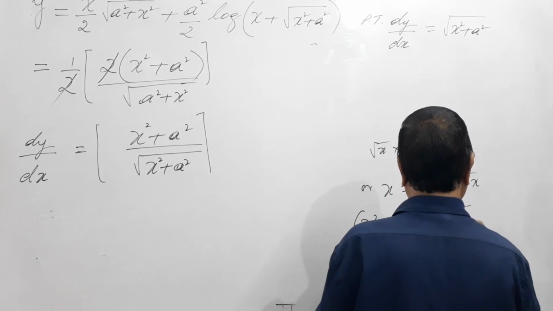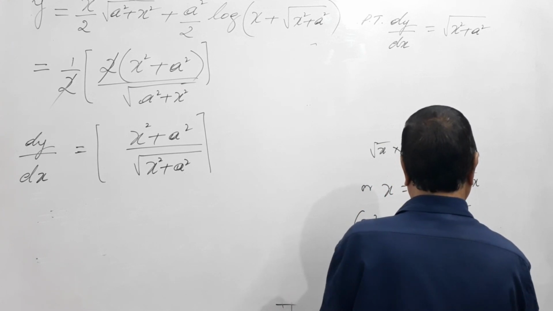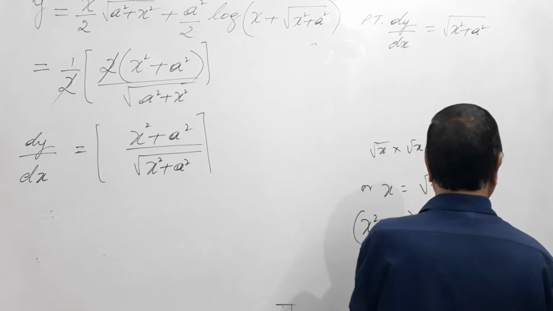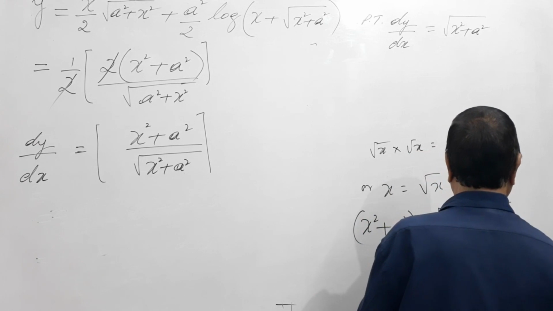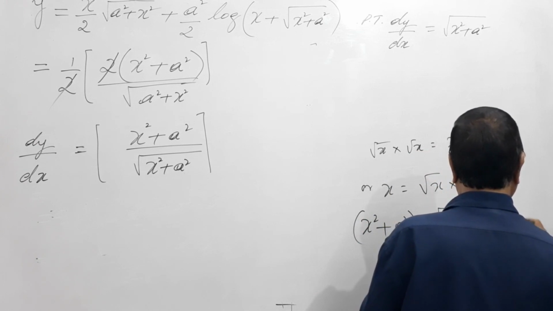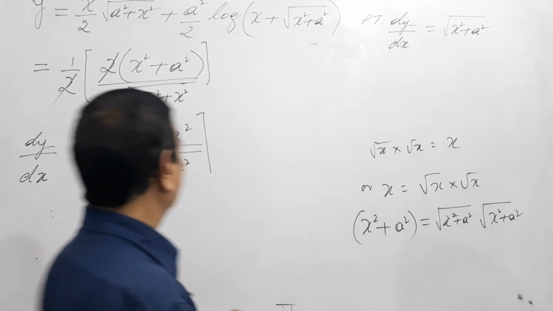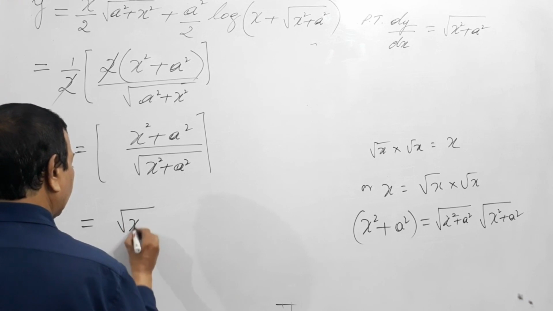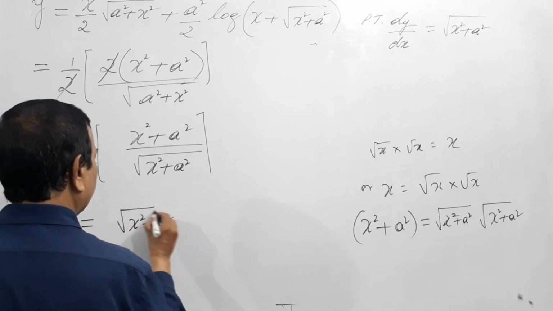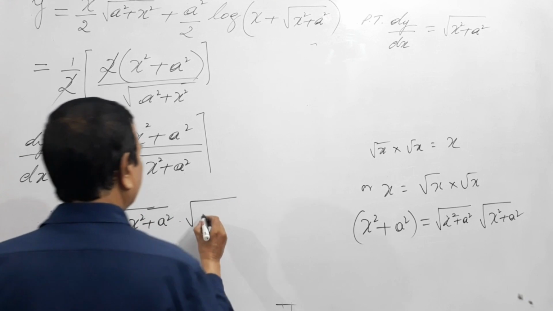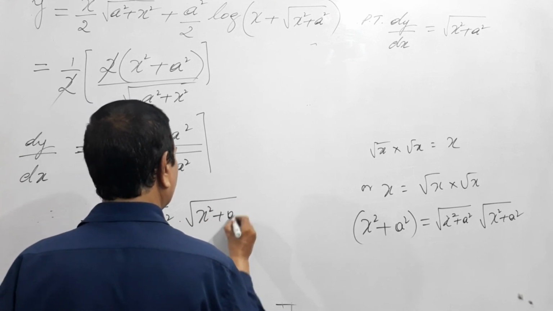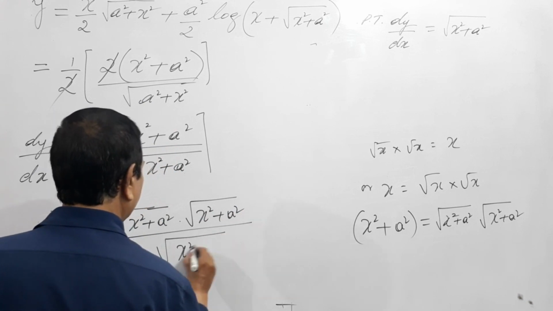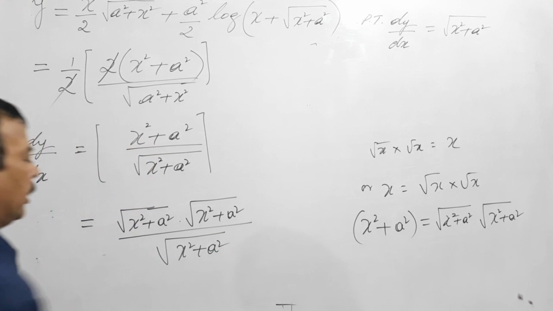Under the root x square plus a square into under the root x square plus a square divided by under the root x square plus a square.